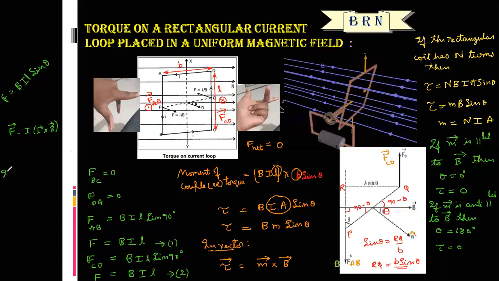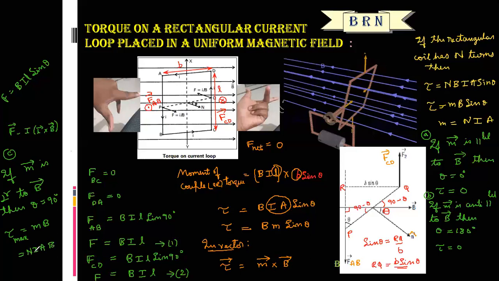This is the first case; second one, last one. If the m vector is perpendicular to the B vector, then theta is equal to 90 degrees. The torque acting on the current loop is then maximum, that is mB or NIAB.